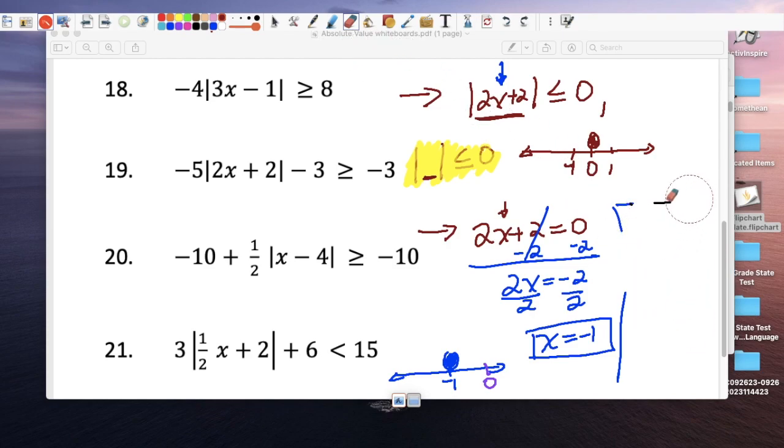The only value for x that I can multiply by 2, add 2, and make this inequality less or equal to 0 is when x equals -1. Okay, so it's a little different. I'm glad we did it.